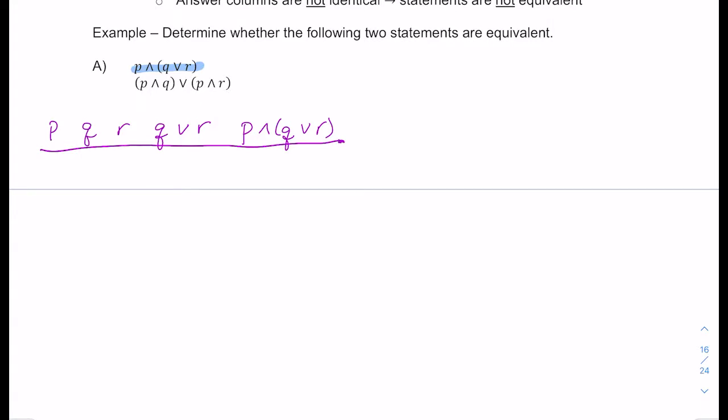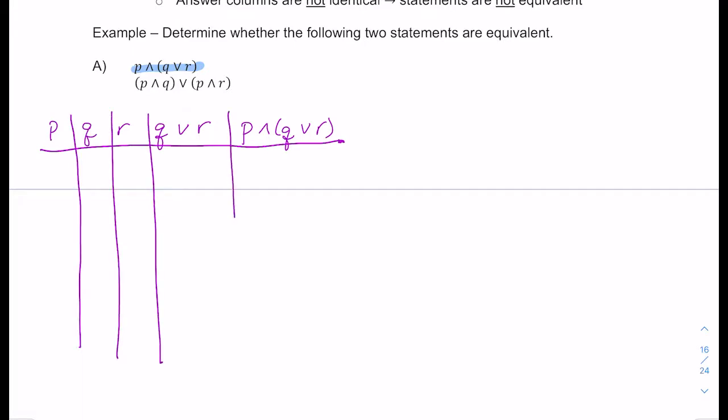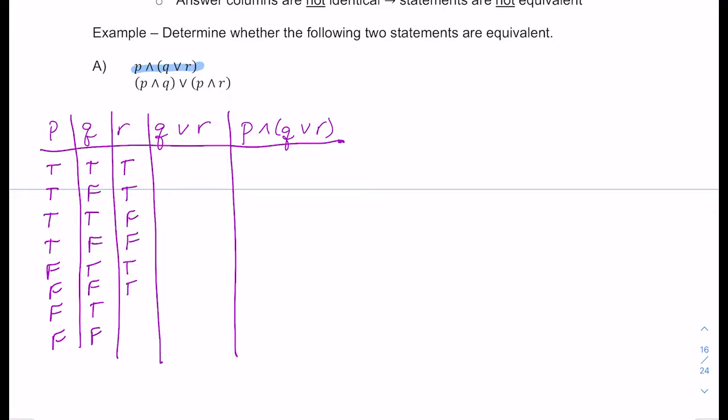Okay, so now I'm just going to determine whether it's true and false. Remember, for P, we're going to have true, true, true, true, false, false, false, false. And Q is going to be true, true, false, false, repeating. And R is true, false, true, false. Now we have every combination of true or false for the statements P, Q, and R.